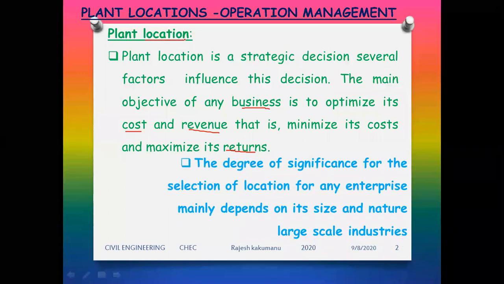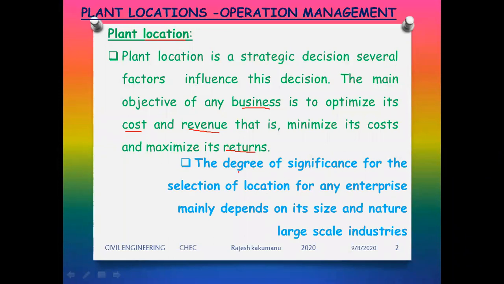Next, the degree of significance for the selection of location for any enterprise mainly depends on the size and nature of the industry, for example large scale industries. If you want to open a cell phone shop, where should you put it?